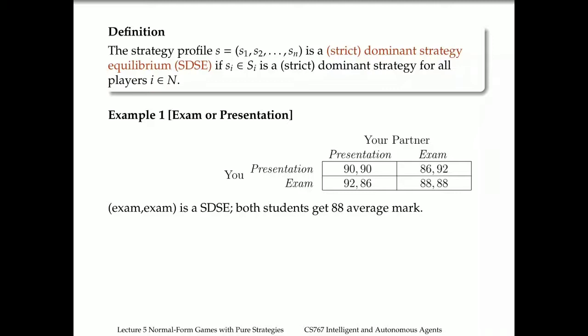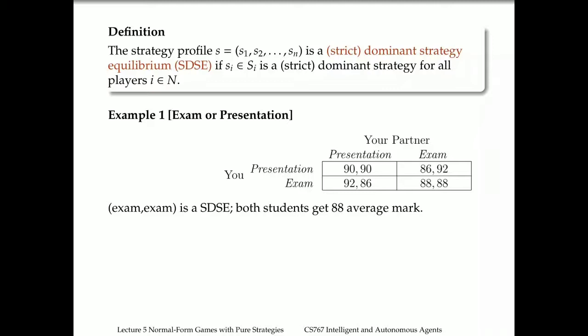Because there's an uncertainty about the action of your partner, and there's a possibility that your partner will take advantage of you. So in order to play the safe action of always getting the biggest benefit, regardless of what your partner does, you would just end up choosing to prepare for the exam.